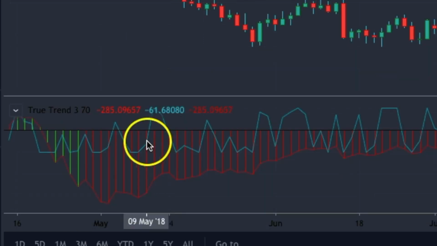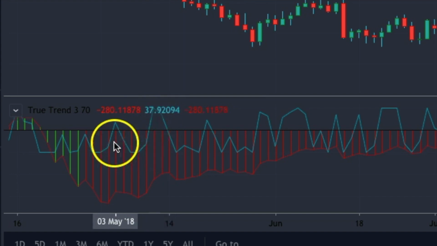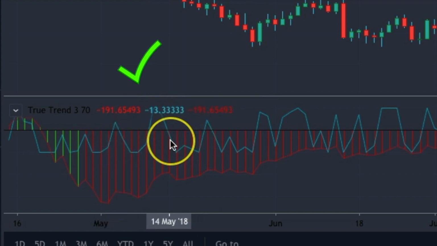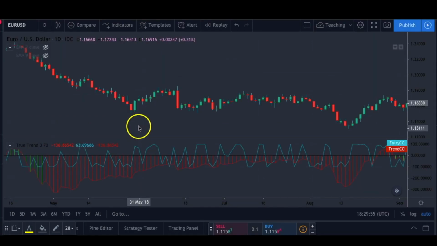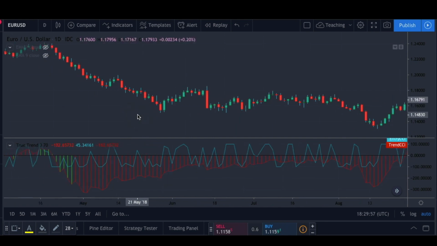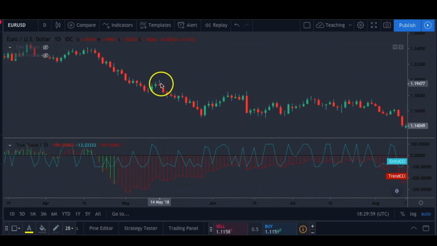We want to wait for the Entry CCI to be pulled back against the trend like a rubber band. That is the sweet spot. All of these areas here, when the Entry CCI is trading positive against the negative trend, that's when you have this alert go off in your head. Okay, now's the time to begin looking for trades. Now's the time when I want to get in.